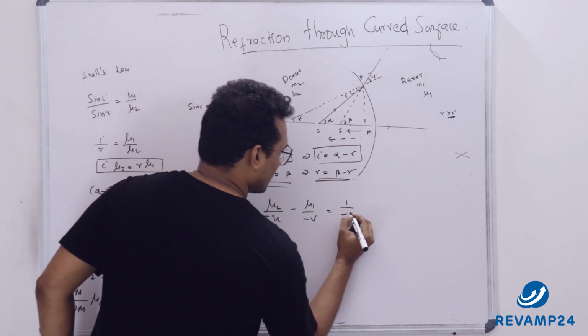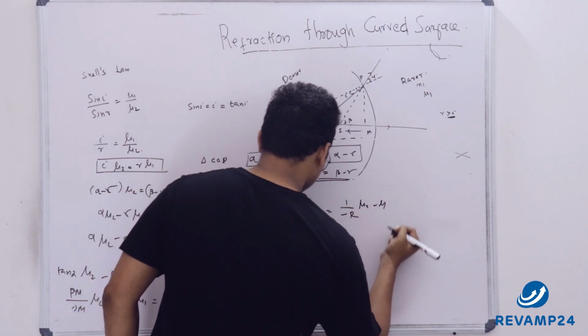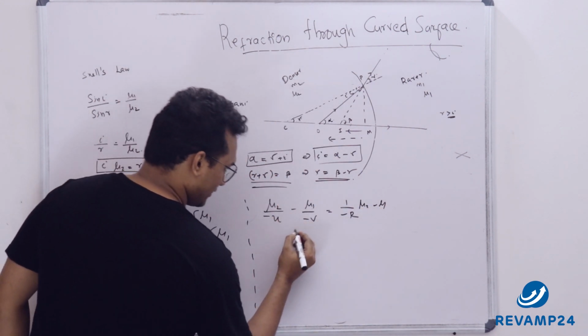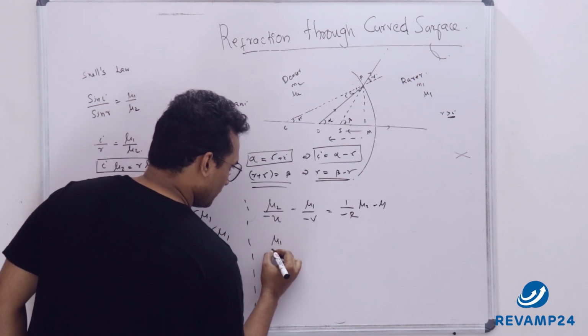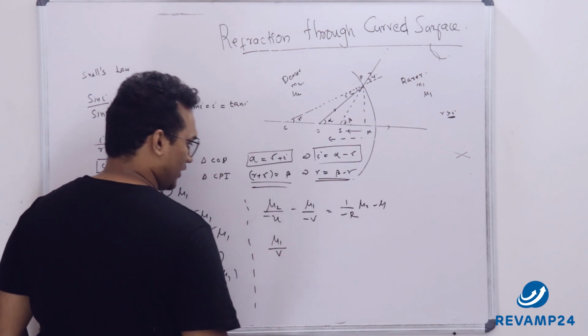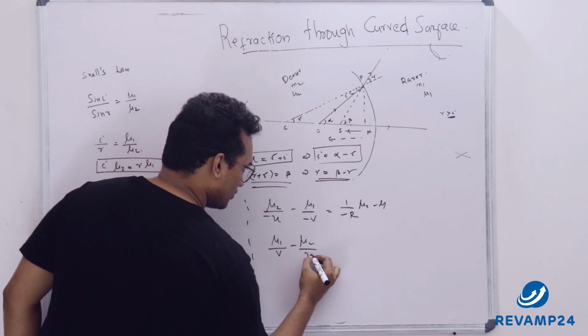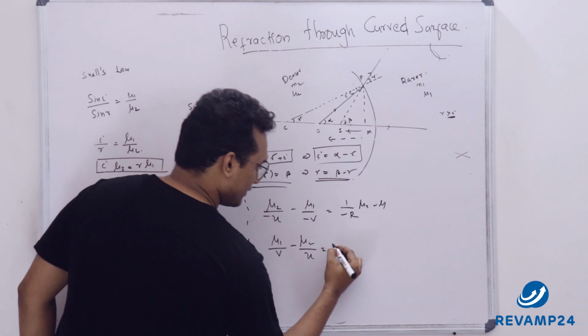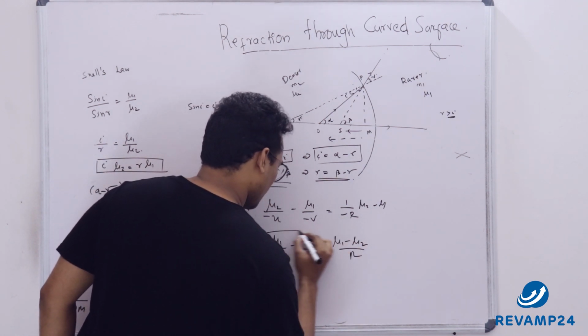So that is minus R into mu 2 minus mu 1. So rearrange it. This minus into minus will become plus. So that would be mu 1 divided by V minus mu 2 divided by U is equal to minus, multiply there, so mu 1 minus mu 2 divided by R. This is the equation.